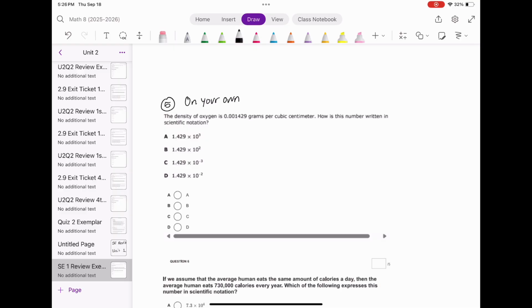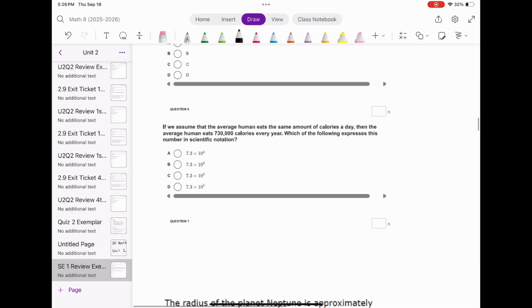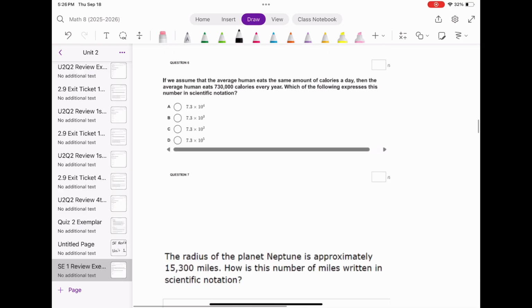Let's move on to number 6. We have a similar example, but now it's a big number. It doesn't start with 0, but we do it the same way. So we start writing the numbers that are not zeros, 7 and 3. We put our decimal after the first number. So I'm going to place that decimal on my original number, my standard form number. Now remember that that number had an invisible decimal at the very end.